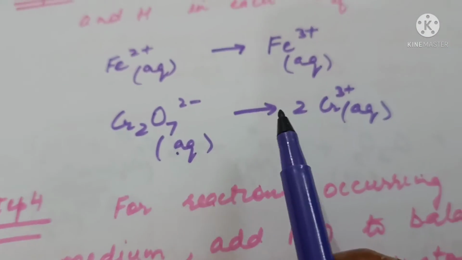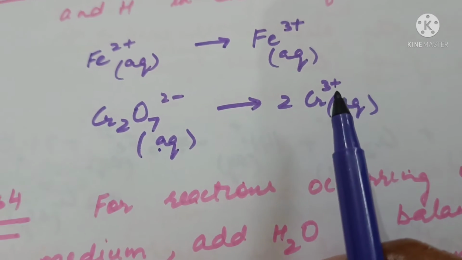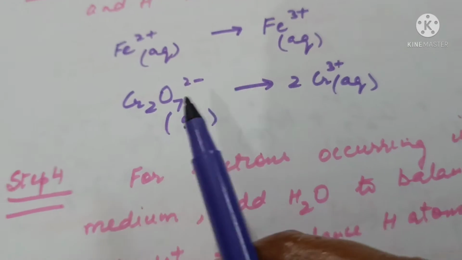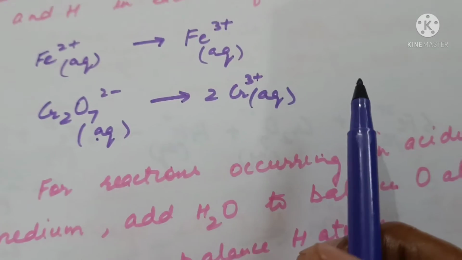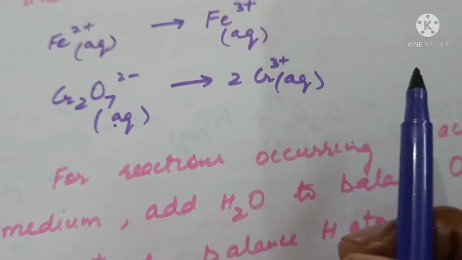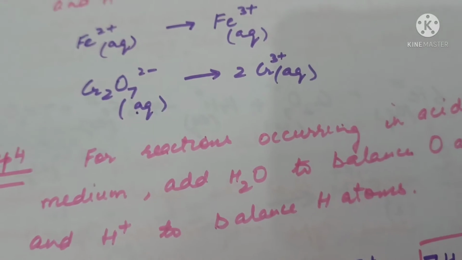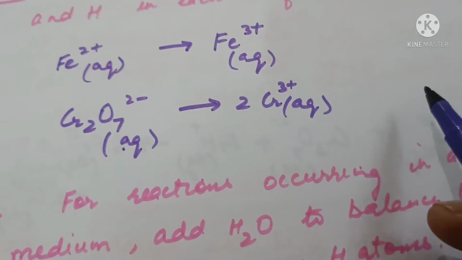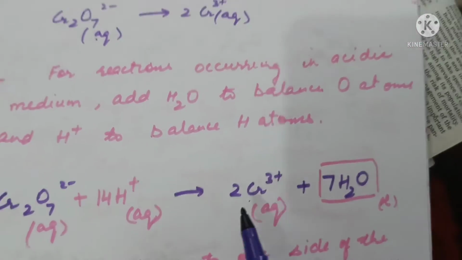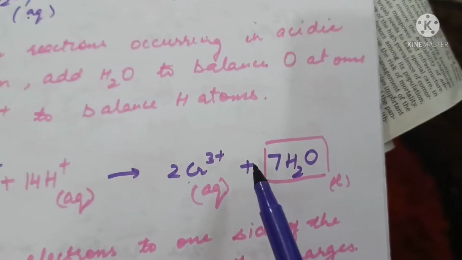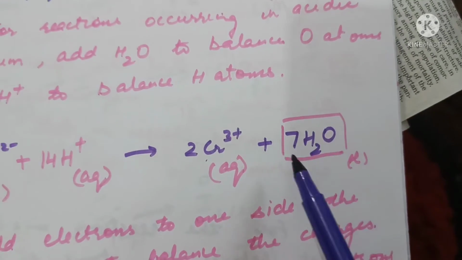Cr2O7 2- changes to 2 chromium ions. Next, to balance the number of oxygen atoms, we add an equal number of water molecules to the side deficient in oxygen atoms. So we add 7 water over here. So Cr2O7 2- will form 2 Cr3+ plus 7 H2O.